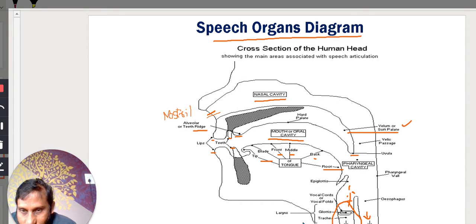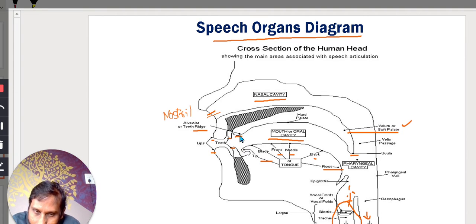So let's go to the diagram, which I hope you have understood, wherein I am trying to explain the speech organs within the mouth. This is the nasal cavity, this is the mouth cavity, this is the tongue, these are the lips. If you go a little backwards, these are the teeth, the dental region.